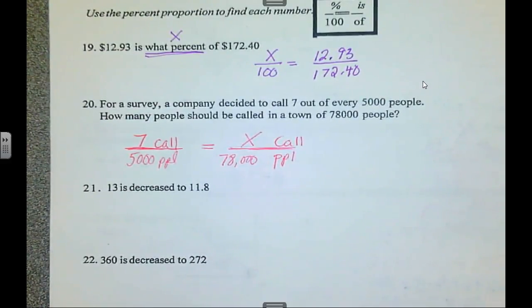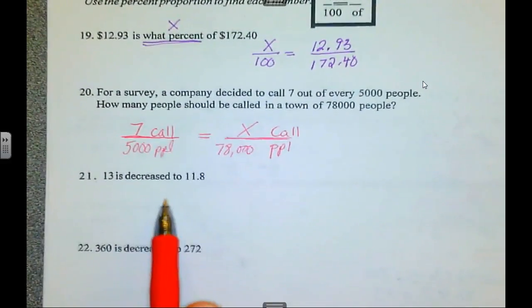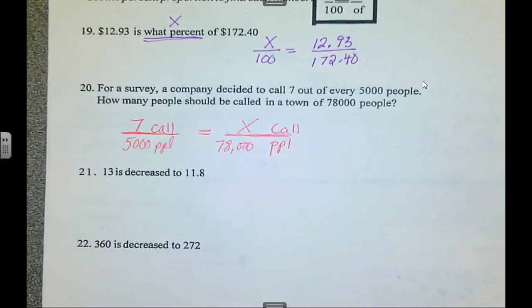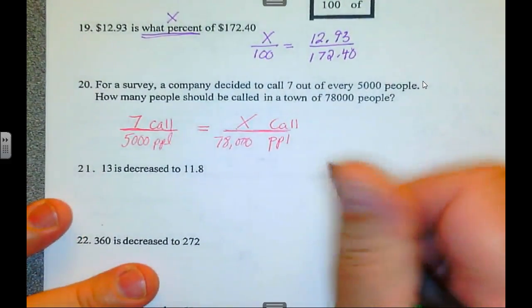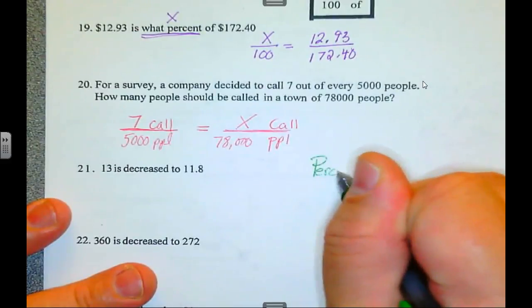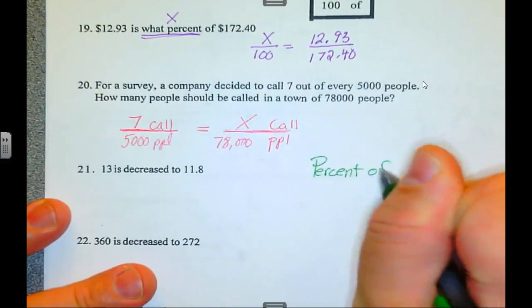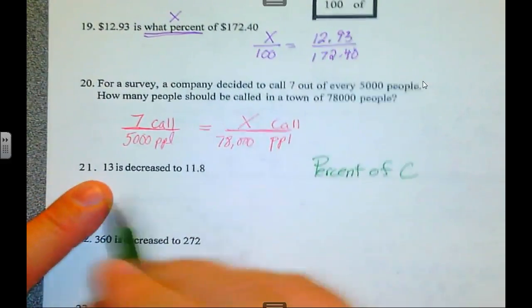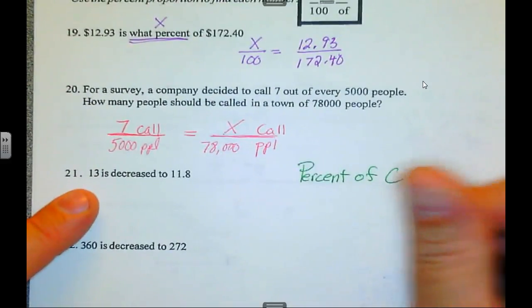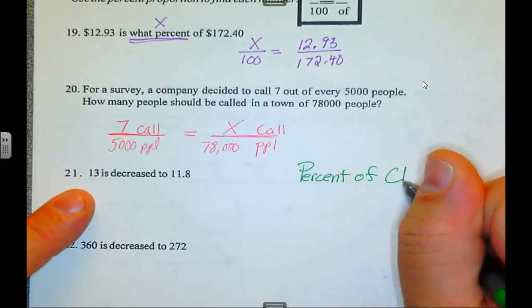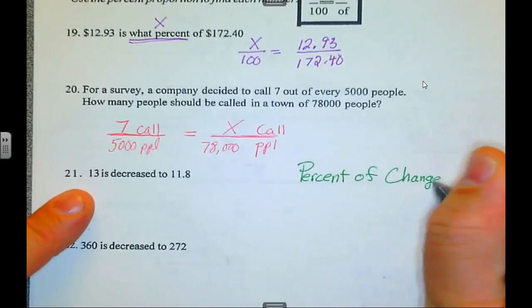Do you remember the formula for the percent of change? In fact, this was a problem right off your homework. This is a change. You're changing one number to the other, right?